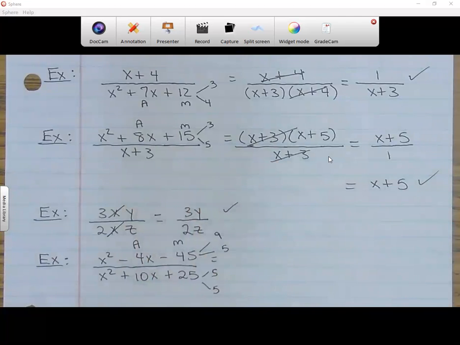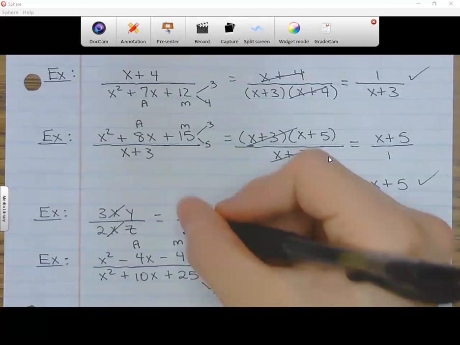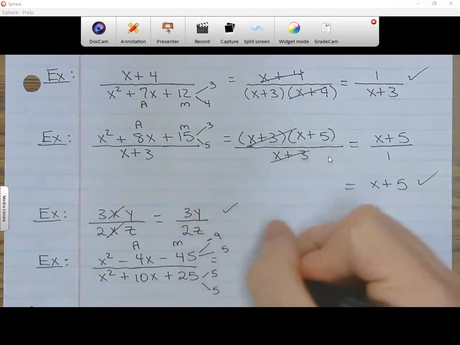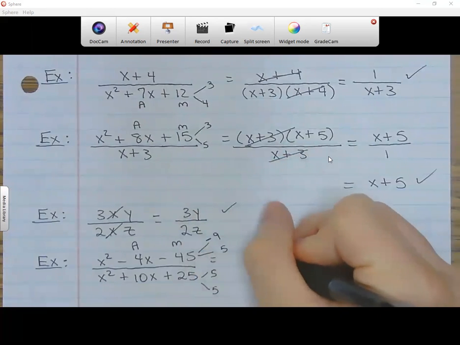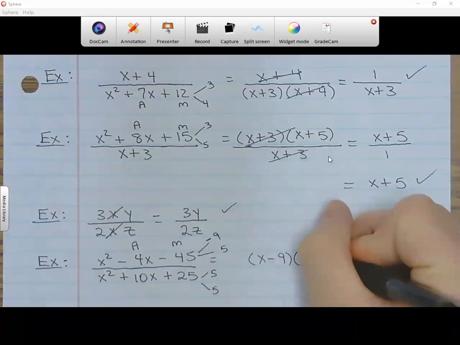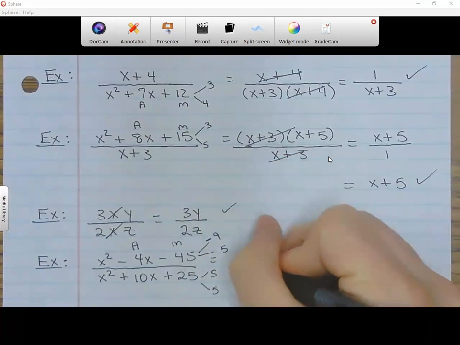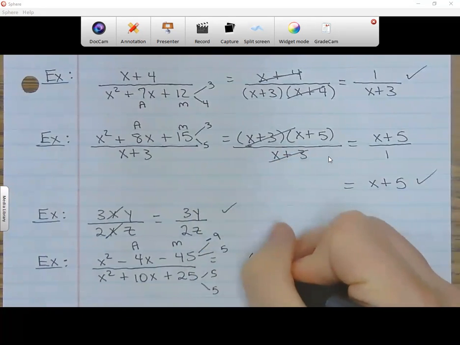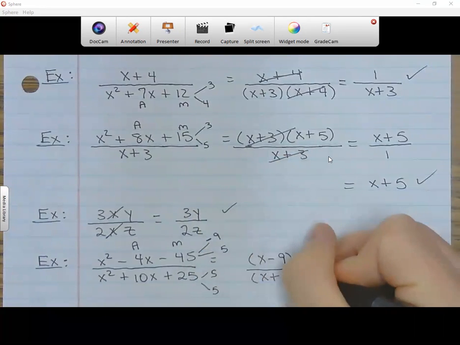So if I'm adding up to a negative 4, doesn't the biggest number have to be the negative, right? So I'm going to put that negative on the 9. So I got x minus 9, x plus 5. And then on the bottom, I have x plus 5 and x plus 5.